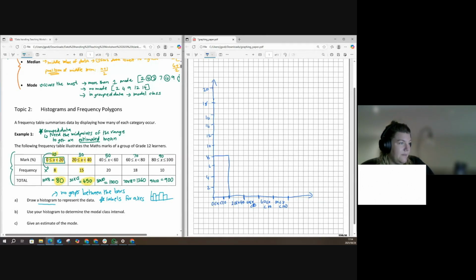I'm just going to draw the first 2 bars so you get an idea. Something like that.